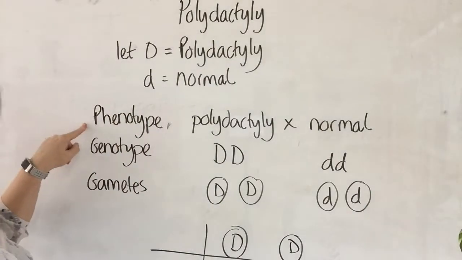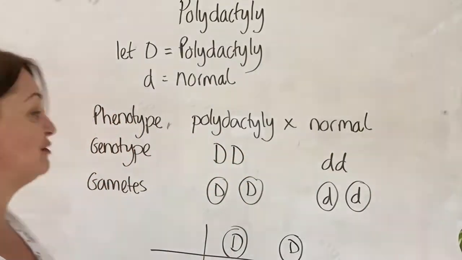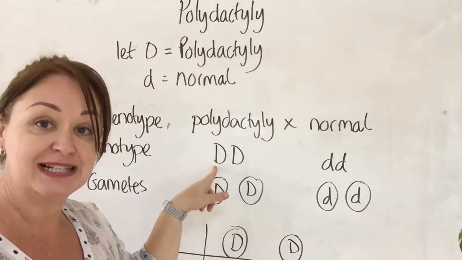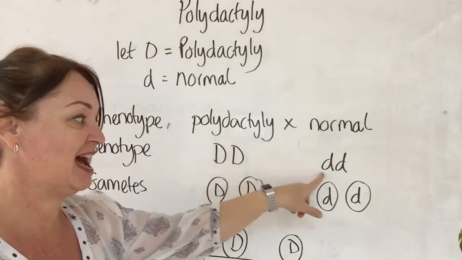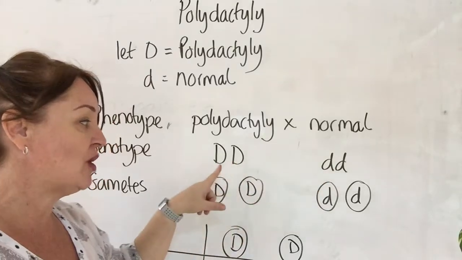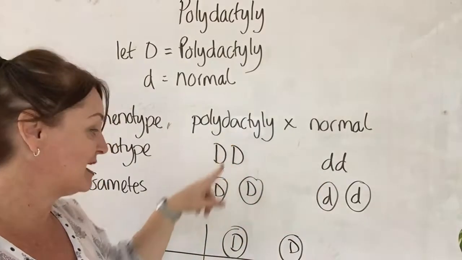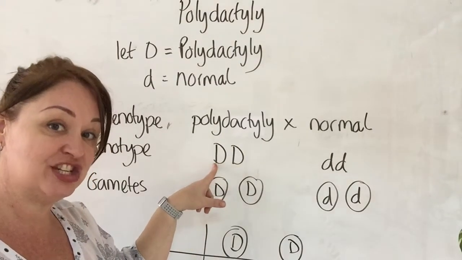So we've got our phenotype here, polydactyly versus normal. That's what we had before. But in this case, the genotype is homozygous dominant, okay? And we've got a homozygous recessive there. So the only allele that our polydactyly person can pass on is the allele that carries the condition.